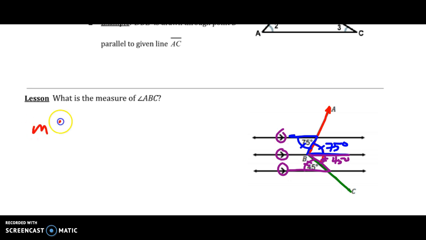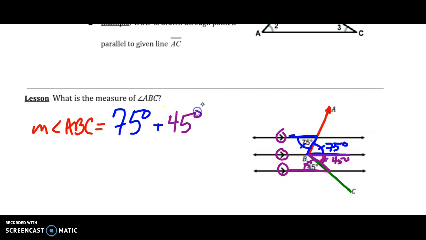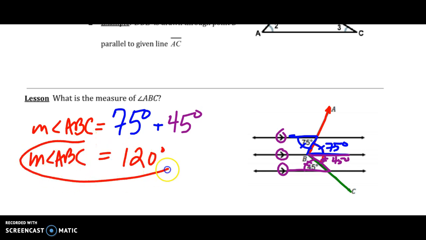So the measure of angle ABC equals 75 degrees plus 45 degrees. And that gives us a measure of 120 degrees. So we have 2 different transversals. We can use alternate interior angles and the fact that the lines are parallel to find the measure of ABC.